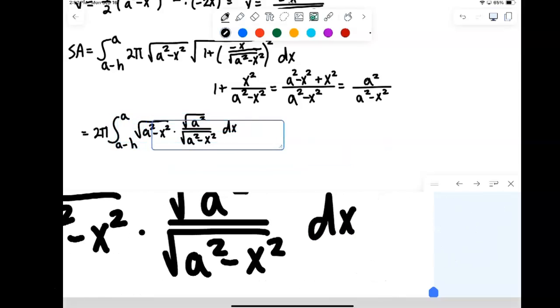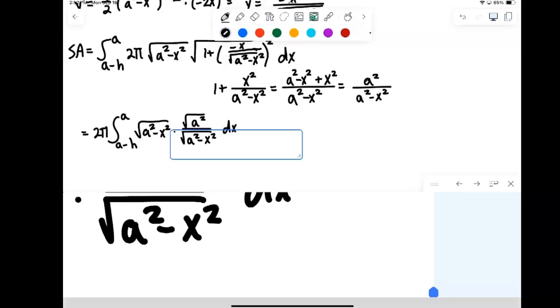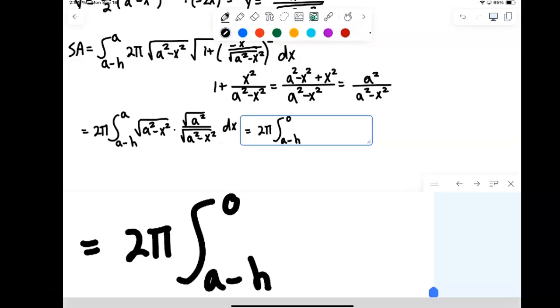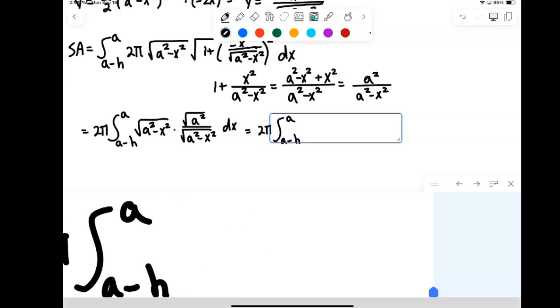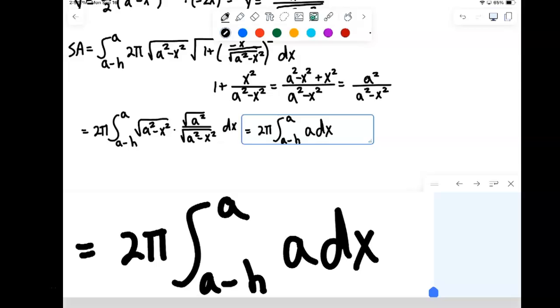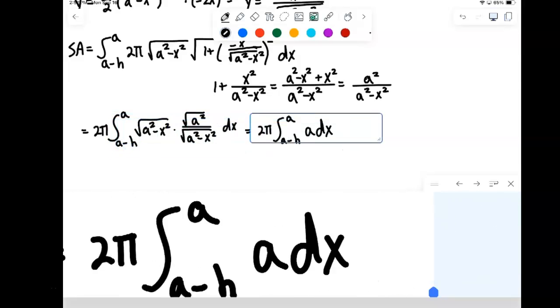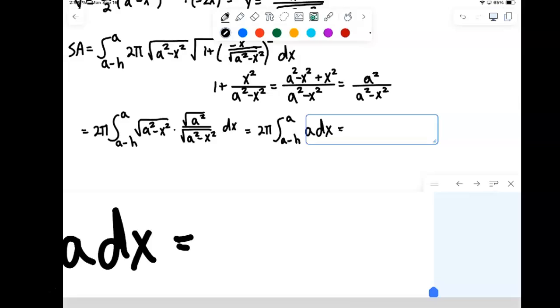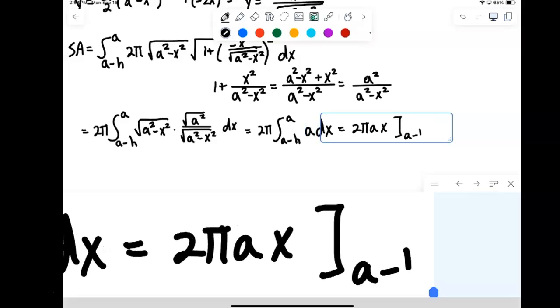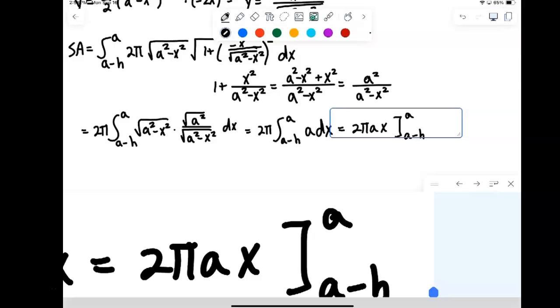So the square root of a squared minus x squared cancels, and we just have 2 pi integral from a minus h to a of a dx. Now remember, a is a constant. We're integrating with respect to x, and the x variable has left the building. So the integral is just going to be 2 pi a x, evaluated between a minus h and a.